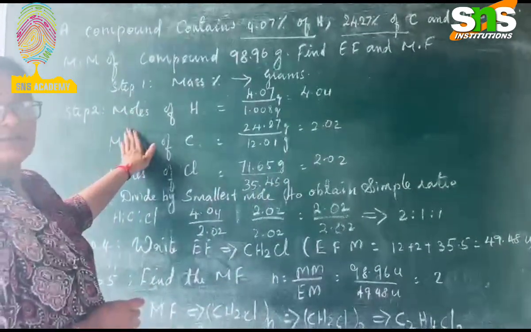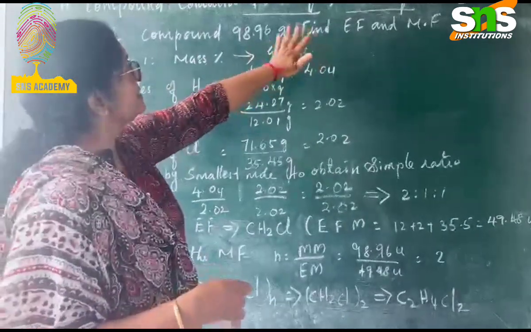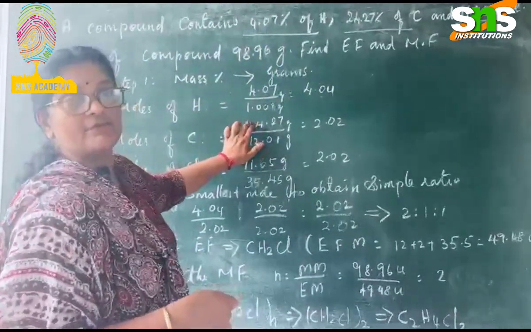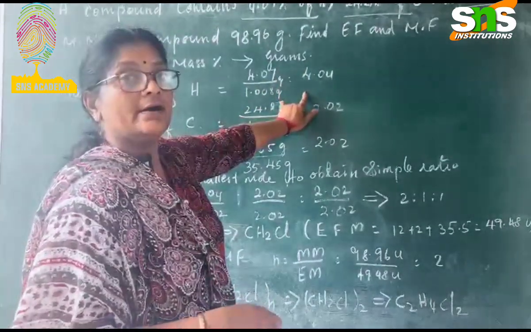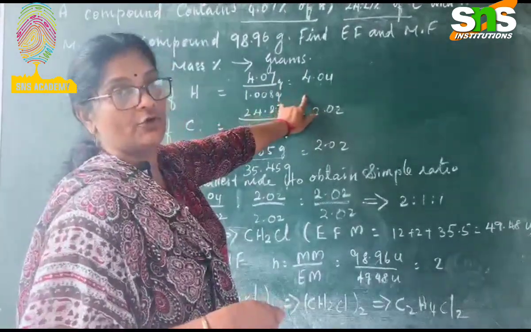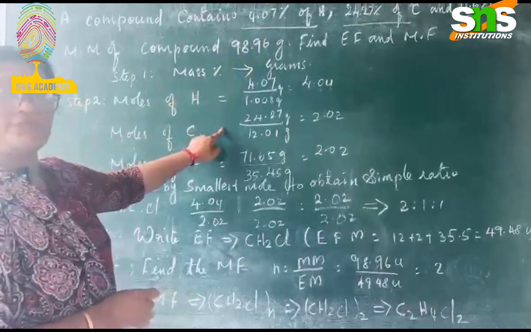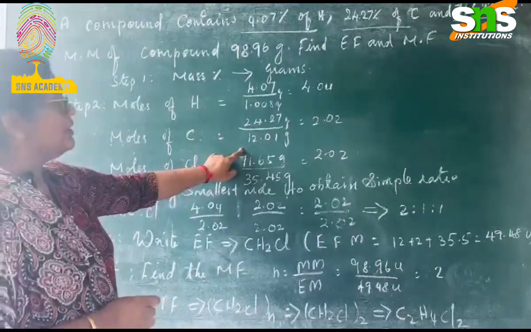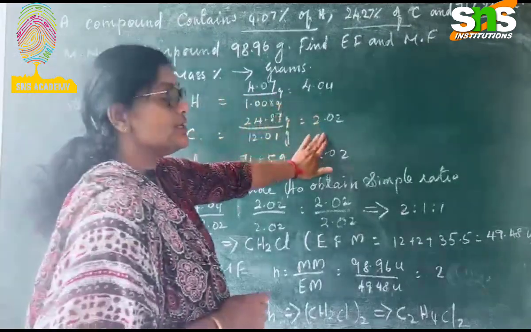So number of moles of hydrogen is the given mass of hydrogen divided by its molar mass, where the mass is 4.07 divided by 1.008, that is its molar mass, where we are getting the number of moles as 4.04. And moles of carbon will be given mass 24.27 divided by 12, exact mass is 12.01, where we are getting the number of moles as 2.02.